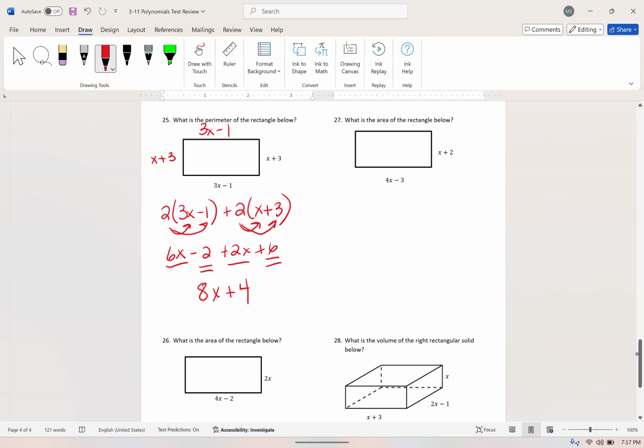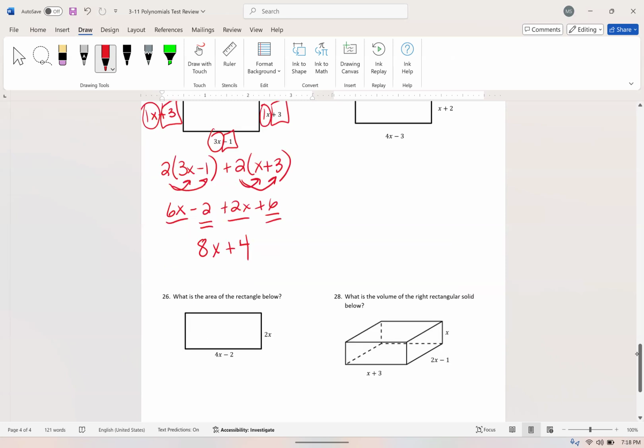You could also just look at the diagram and say, okay, 3x plus 3x, that's 6x, plus 1x plus 1x, that gives me 8x. And then positive 3, that's 6, minus 1, 5, minus 1, 4. You can do it that way too, and combine them all together to get the answer.